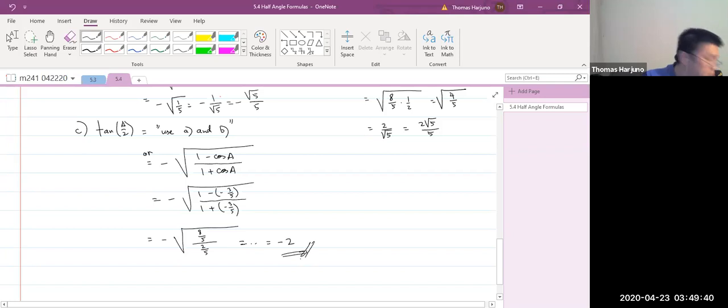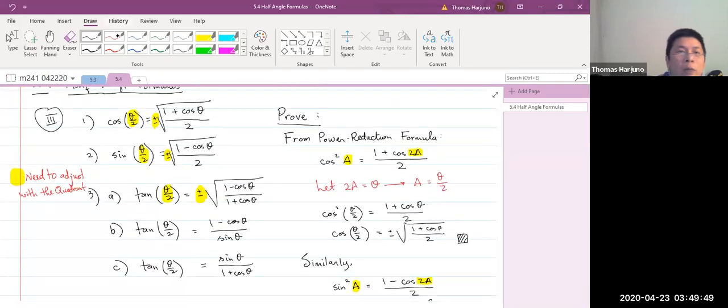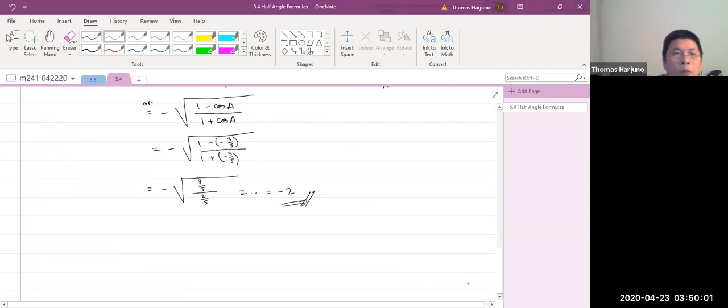That's for the algebra. Now, you need to memorize the formula. Don't get me wrong, you need to memorize the formula, okay? Now, I'm about to show you what happened with part 3b and 3c. Okay, now for part 3b, proof 3b, that is tangent a over 2 equals 1 minus cosine a over sine a.